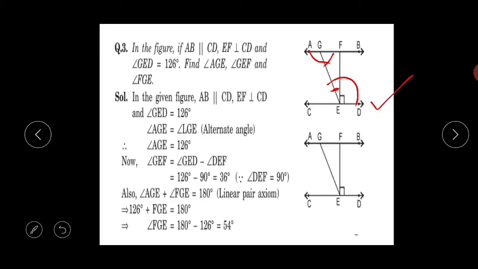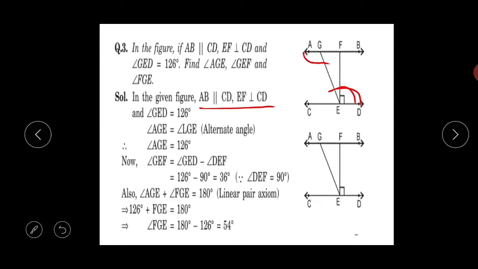So what we are going to do, we are just going to use the theorems that we have studied. As you know, AB is parallel to CD and EF is perpendicular to CD, and GED is given to us 126 degree. I can say that angle GED is equal to angle AGE. How, students?